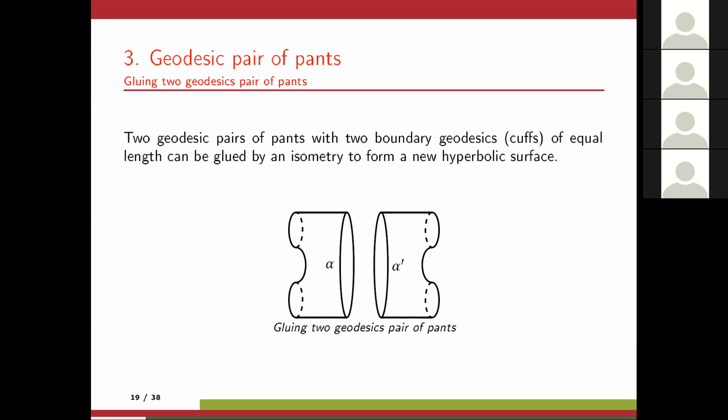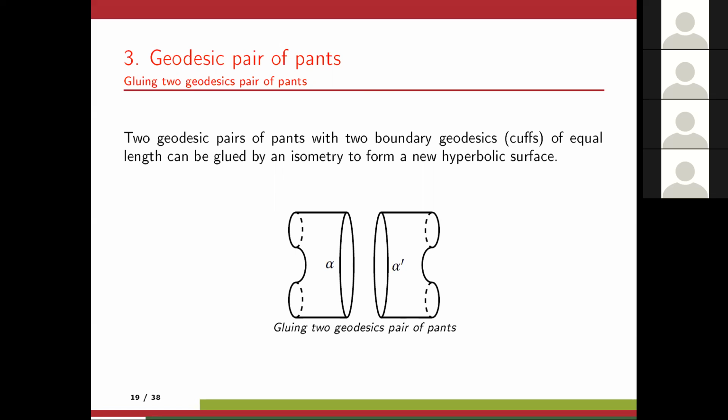Both geodesics have the same length. So using an isometry, we glue and put together both geodesic pairs of pants. But we can glue them in this way, or this way, or this way, infinitely many ways.